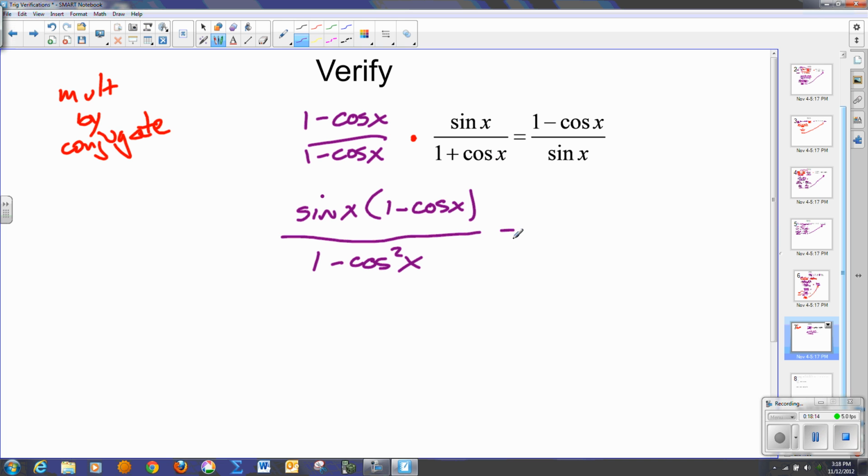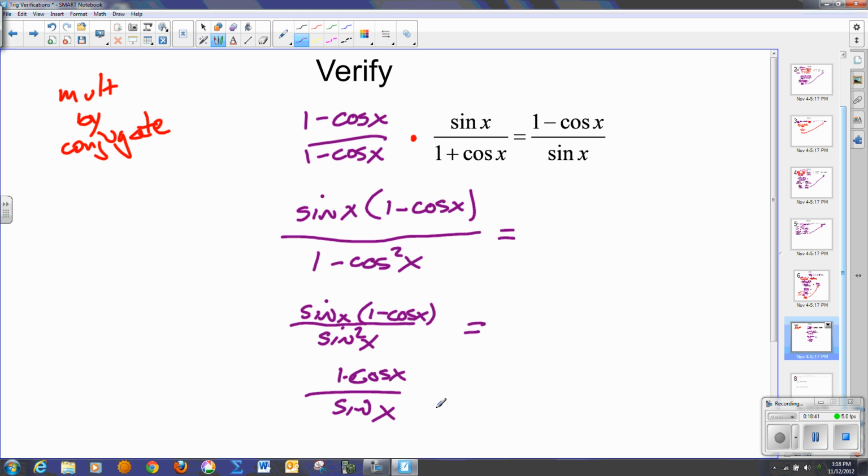Now you'll notice in the denominator, 1 minus cosine squared of x, that's a Pythagorean identity of sine squared of x. That's all under sine of x times 1 minus cosine of x. The sines go. I'm left with 1 minus cosine of x over sine of x.